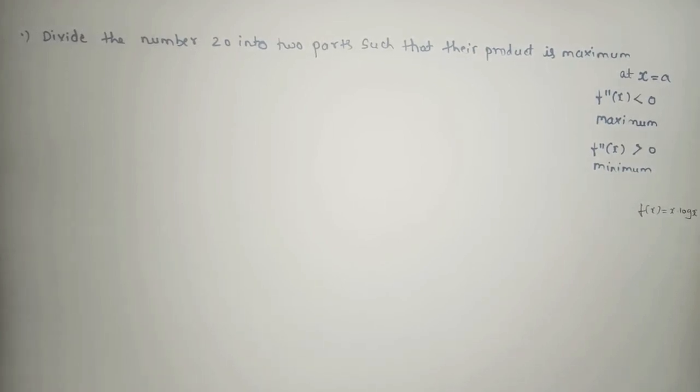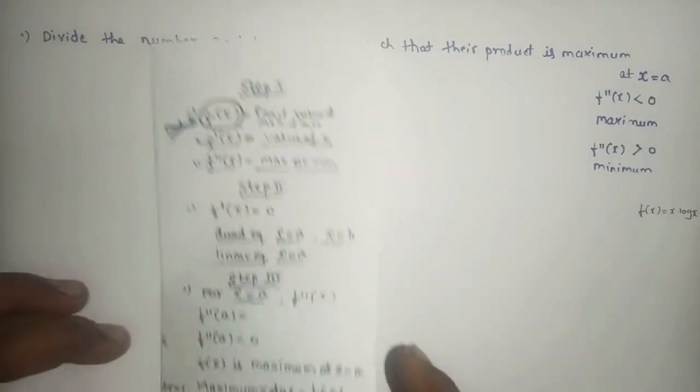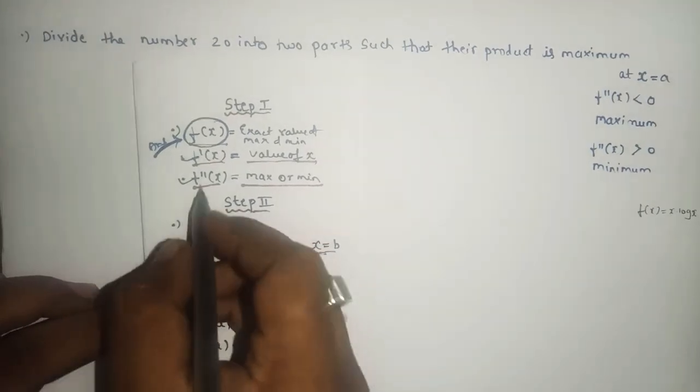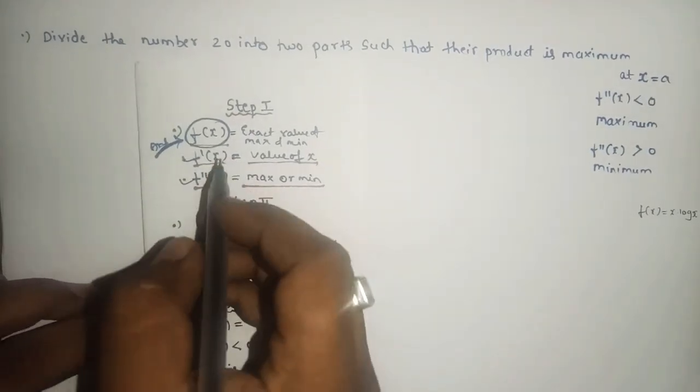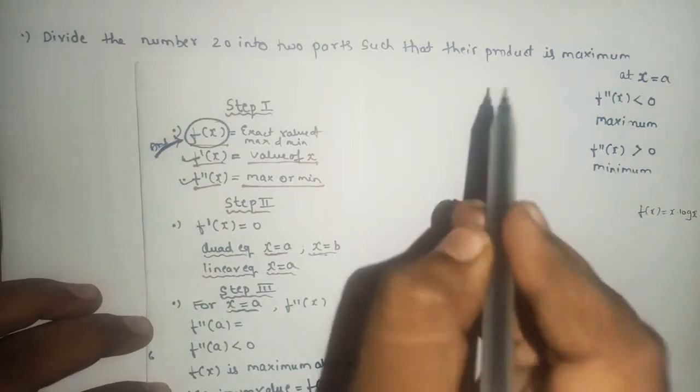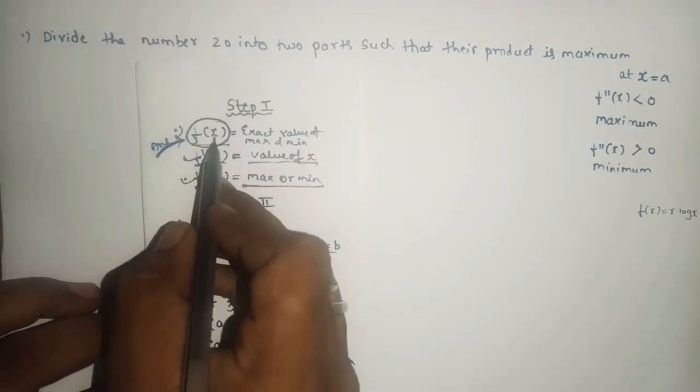So when it is in statement form, first you have to read and understand that statement, and then convert it into f of x.